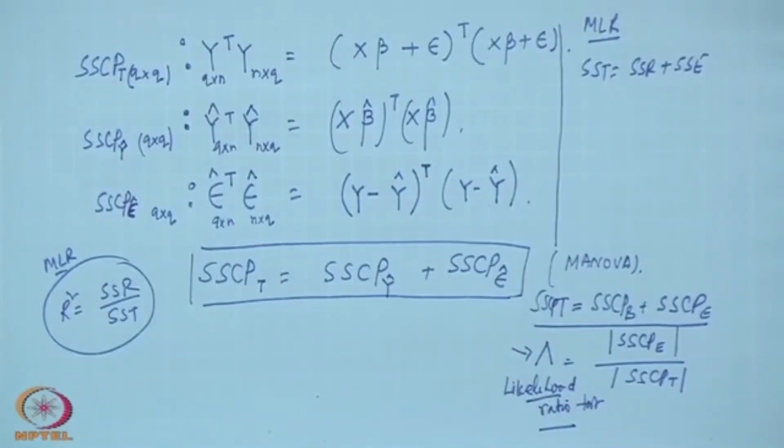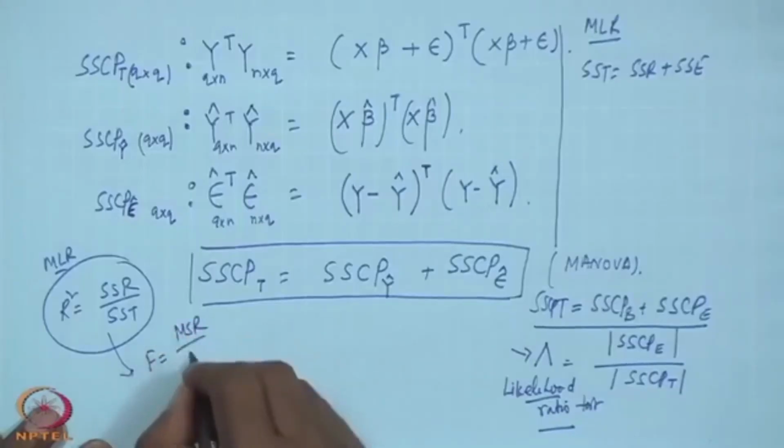Now, can we get a similar measure here in the multivariate linear regression case or not? Yes, here in multivariate linear regression also we will go for the likelihood ratio test, but an R square like measure, just exactly one to one, that type of relationship is not possible.